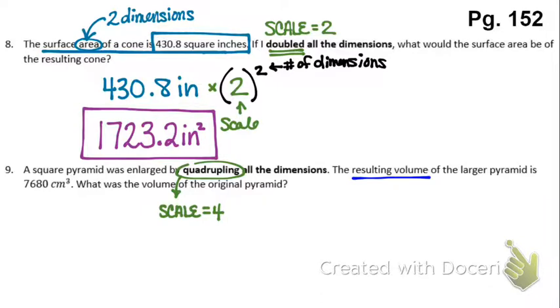This is after we've quadrupled all the dimensions. How many dimensions are we quadrupling here? When we say all, and then I say volume, 3, because volume has length, width, and height. So volume tells me right here 3 dimensions.